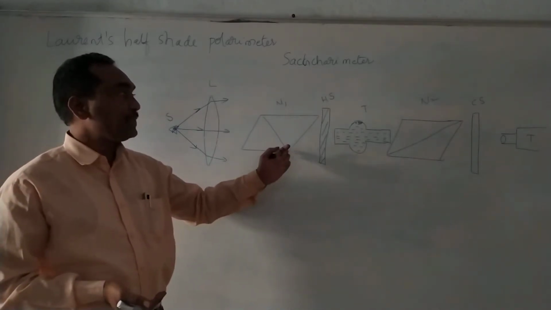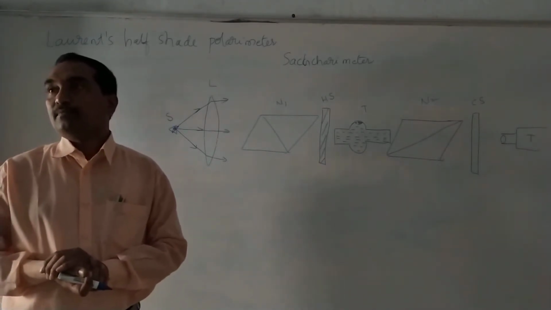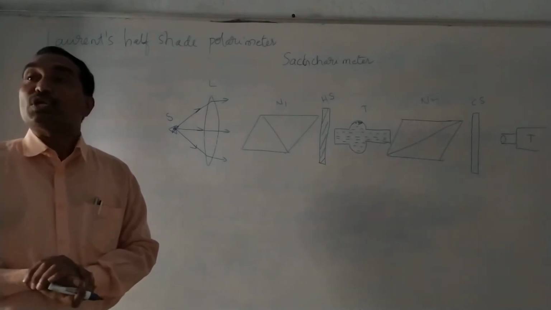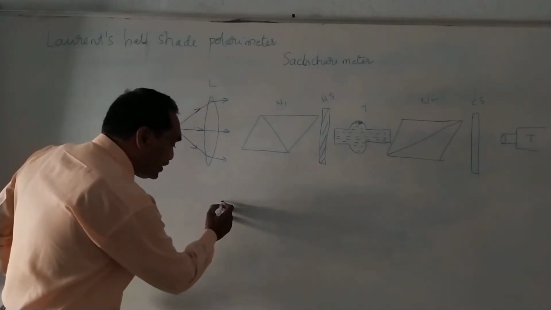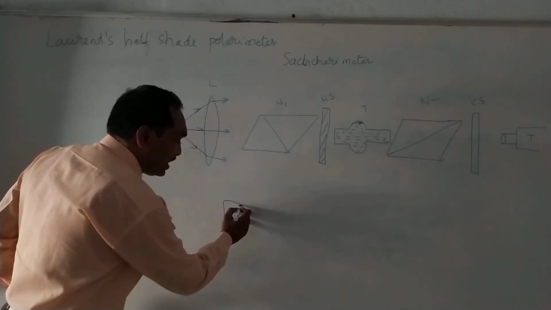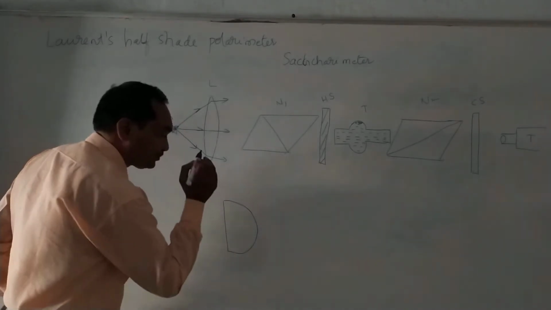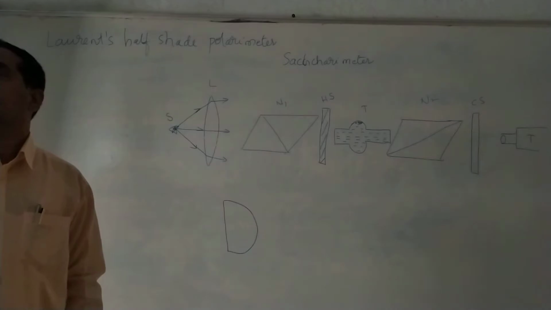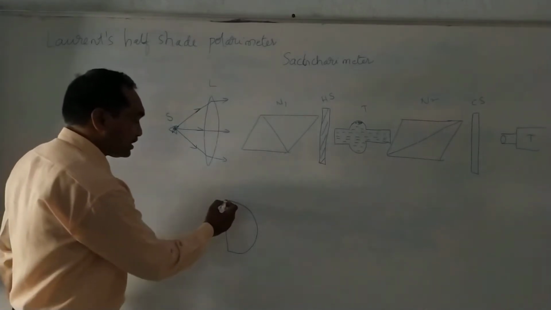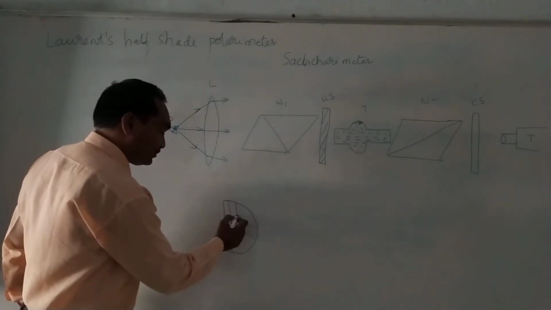So how can we prepare this half-shade device? The half-shade device is a circular plate, actually a semi-circular half plate made of calcite. This is the optic axis.